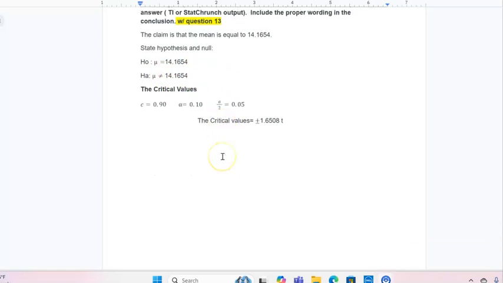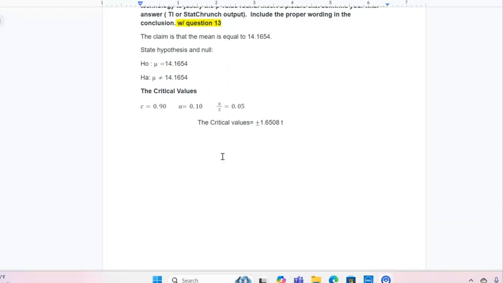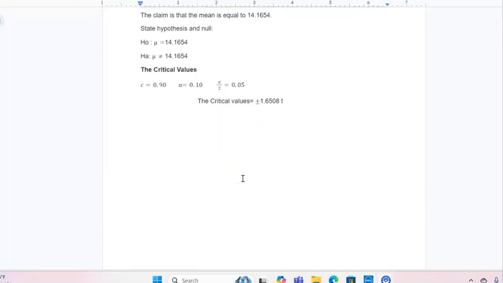For the critical values, we used C equals 90%, and then alpha is 0.10, and our alpha divided by 2 is 0.05. The critical value that we got from this is plus or minus 1.6508.